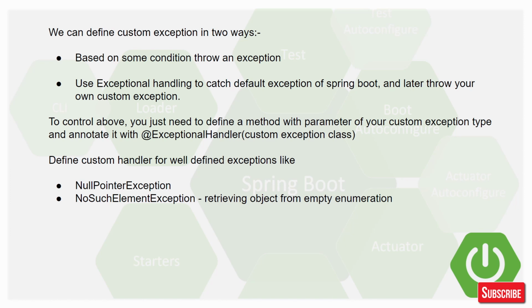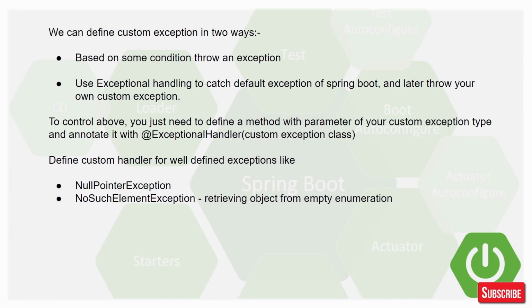Second is using exception handling to catch a default exception of Spring Boot. There are times when Spring Boot is going to throw its own exception, which I'll showcase in my practical session. You have to catch that exception, and then throw your own version of custom exception.